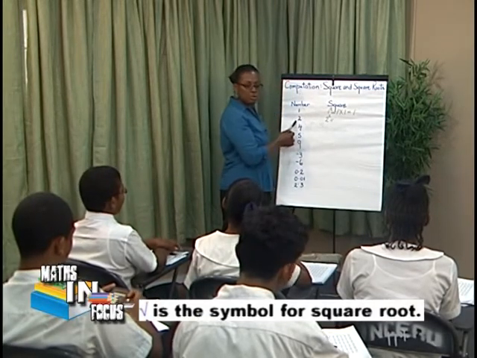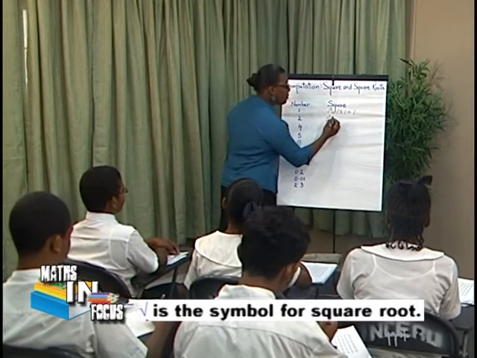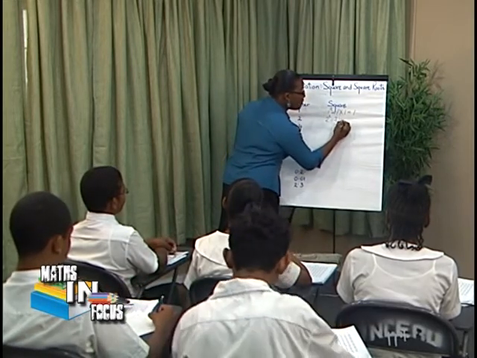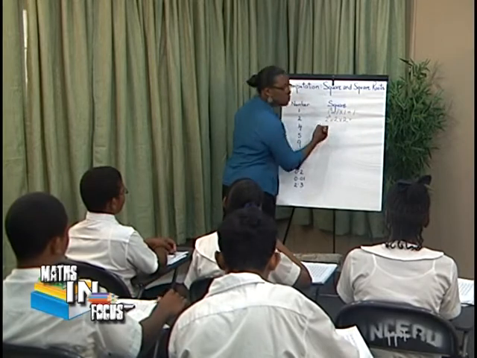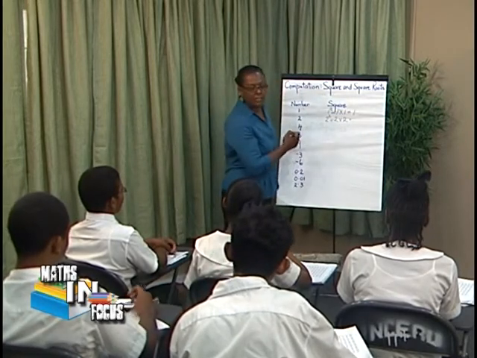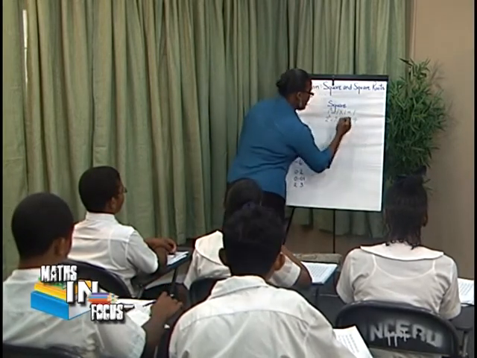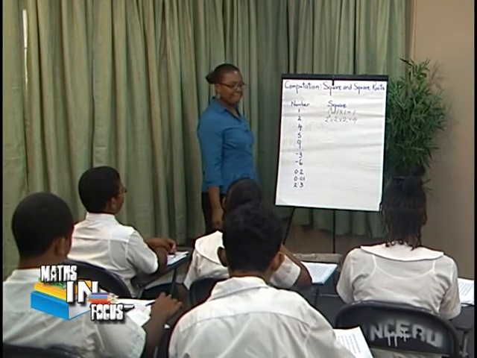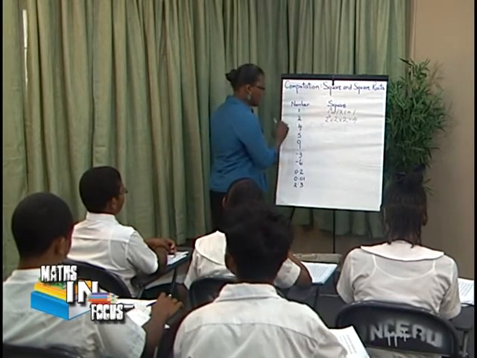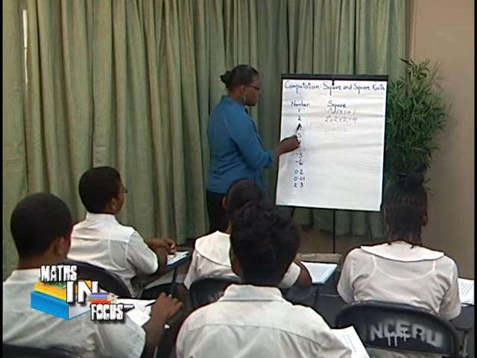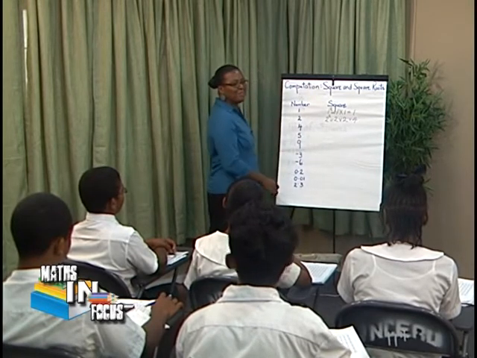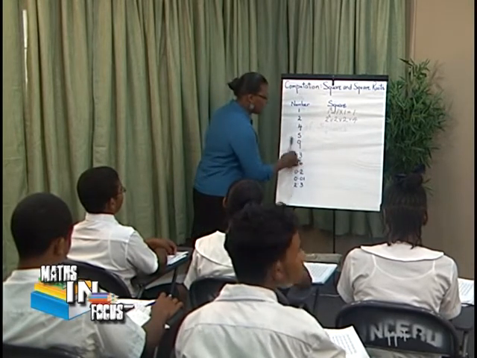Now we move to 2. The square of 2 would be 2 multiplied by 2, and 2 2's will give us a product of 4. Very good. Now that was the first and the second number. I will skip the third and the fourth, and I'll move on to the fifth.